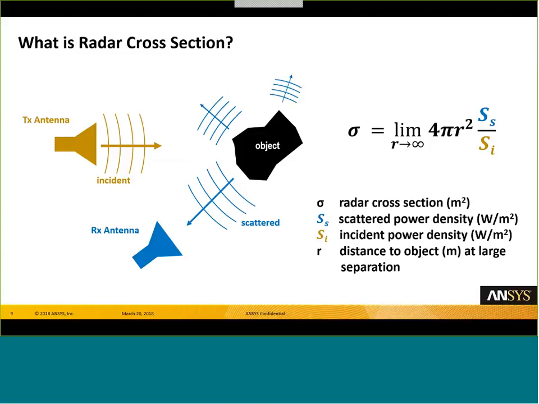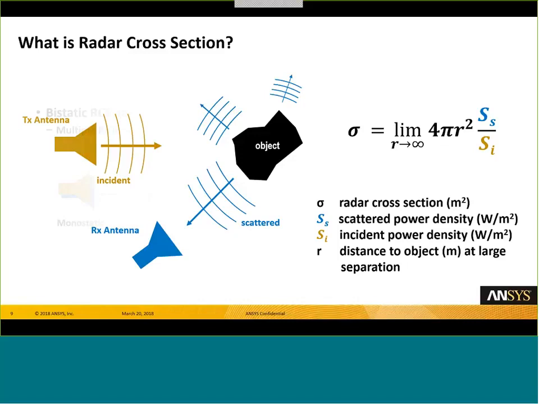So we can think about radar cross-section in terms of this ratio of the backscattered energy normalized by the incoming energy. And of course, in a radar system, not all of the energy is actually impinging on the object, so we're usually focused on the energy that actually illuminates that object.